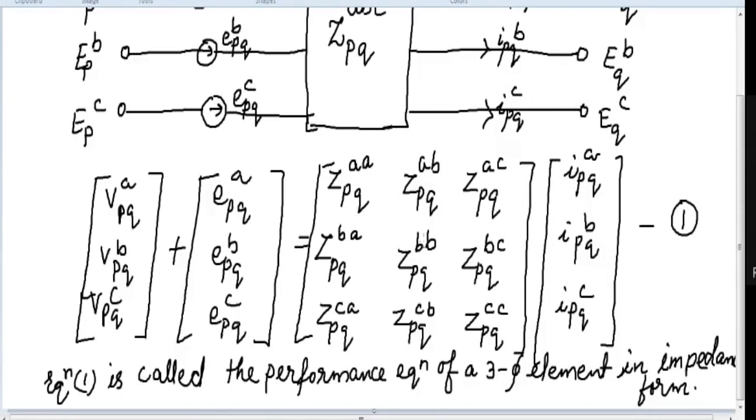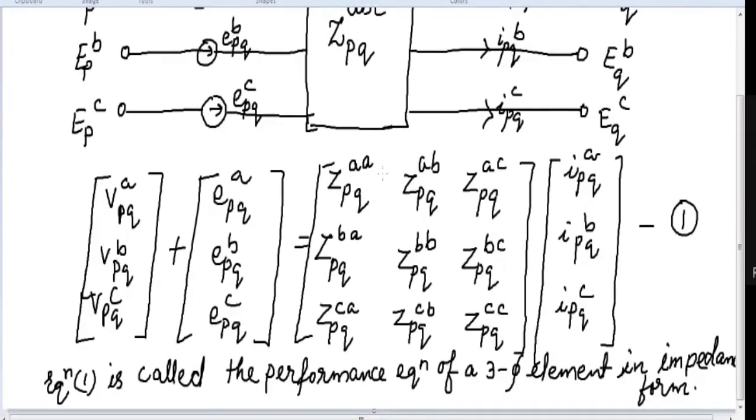ZPQAA, ZPQBB, ZPQCC are the self-impedances of the element between the nodes P and Q with reference to phase A, phase B and phase C respectively.